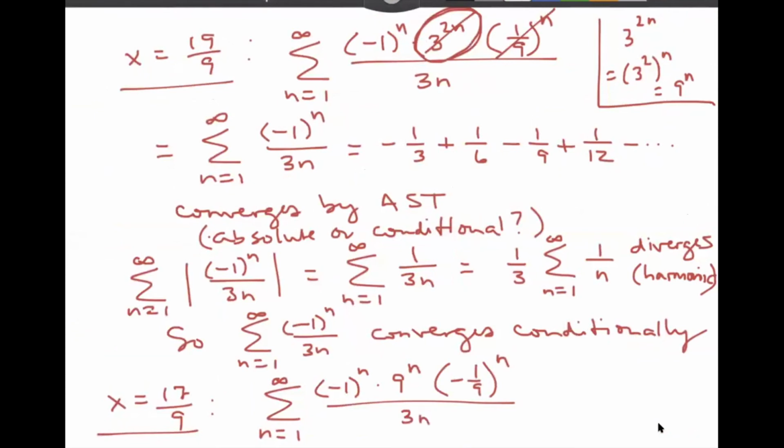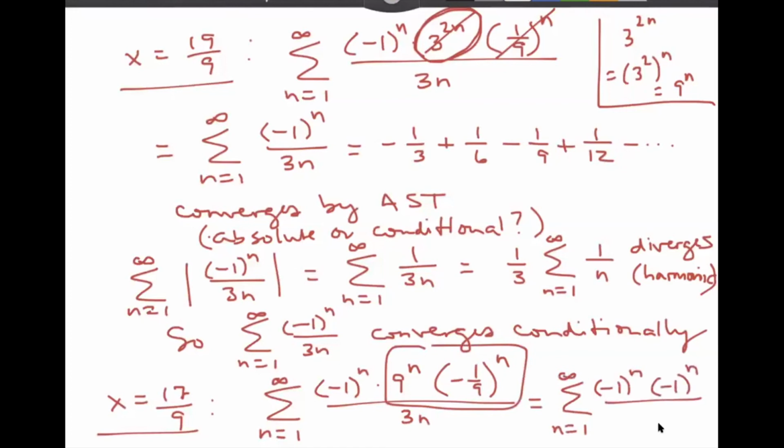Okay, so when you multiply 9 to the n and -1/9 to the n, that's going to give you -1 to the n. So we have the original -1 to the n, and now we have multiplied these two things together, and that gives us another -1 to the n. That's all over 3n.